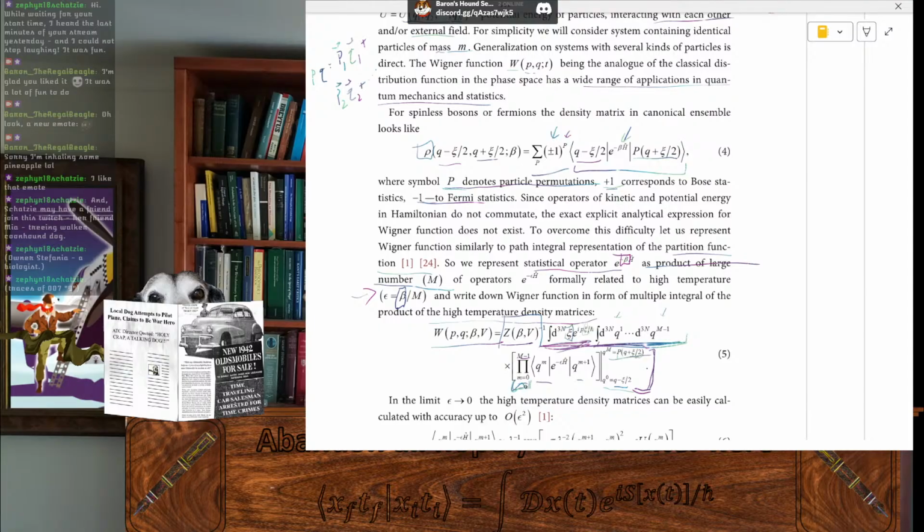So this is the product of our operators here, right? There's our Hamiltonian up there, negative epsilon h, right? And that's operating on q m plus 1. So it would be like psi 0 star e to the negative epsilon h psi 1, right?